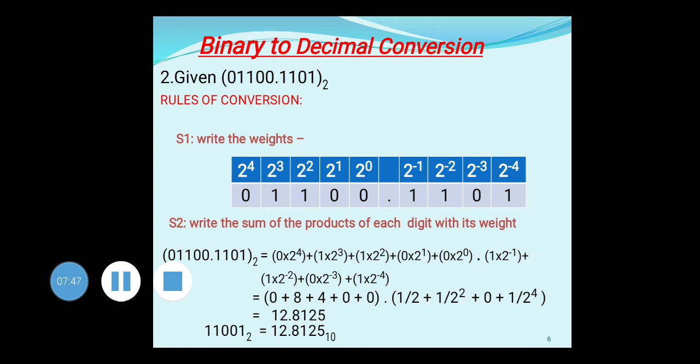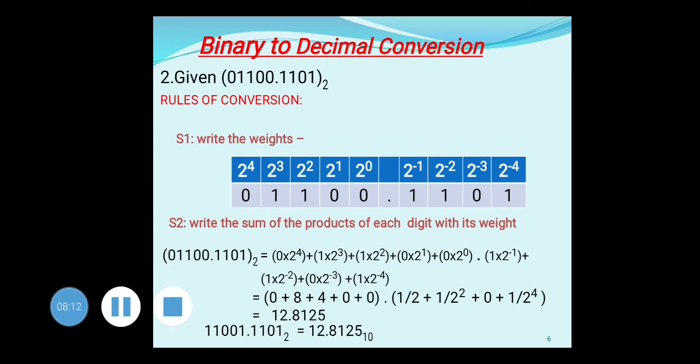After the point, whatever the digits are, you copy them here. So 8 plus 4 is 12, so 12 point as it is, and then you get 8125. So the final decimal number of the binary number shown is 12.8125. So the answer we got is 12.8125.